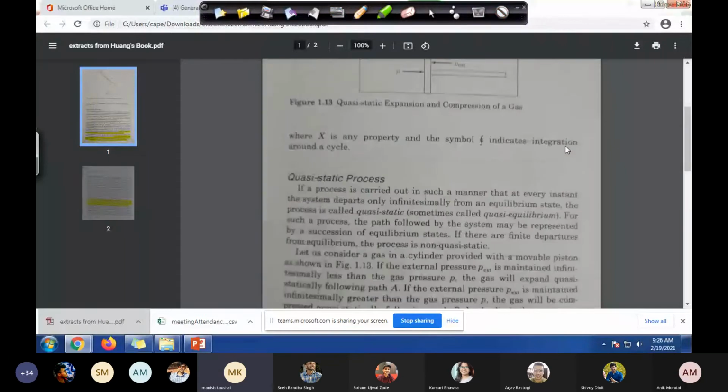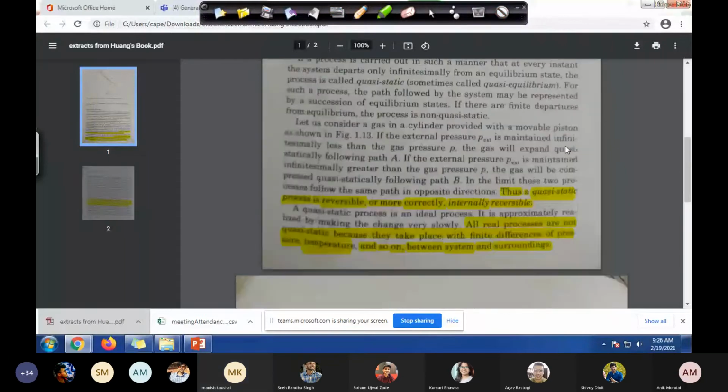So see what he has said: that a quasi-static process is reversible, more correctly internally reversible. So we will follow this definition. Last class I was not sure, so I didn't claim anything. I said I'm not sure whether quasi-static is internally reversible or not, but it is written in the book that quasi-static means internally reversible.